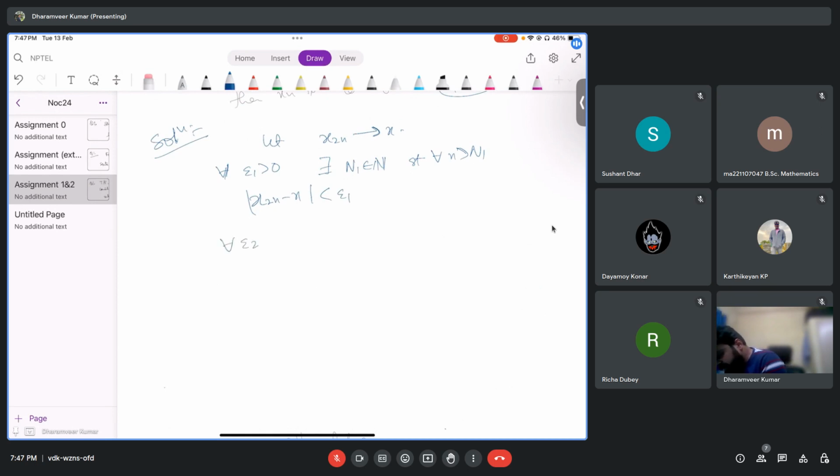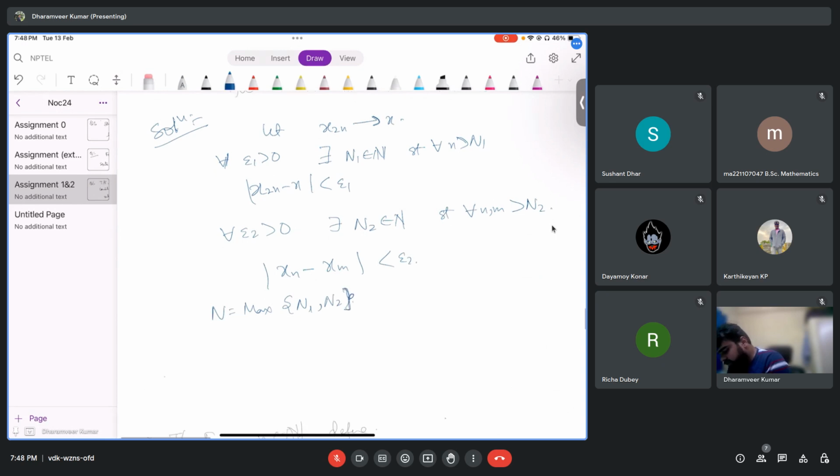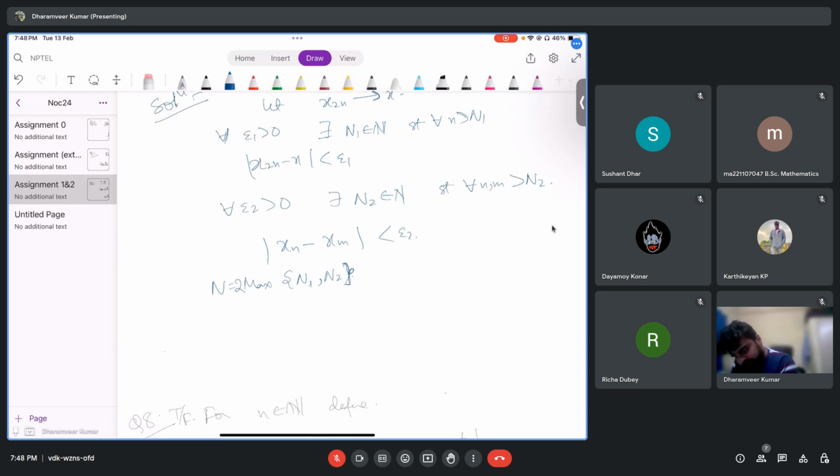So again for epsilon 2, there exists n2 such that for all n greater than this interval. So now again you take n to be max of n1, n2, you take it twice. Okay, and what do you get?